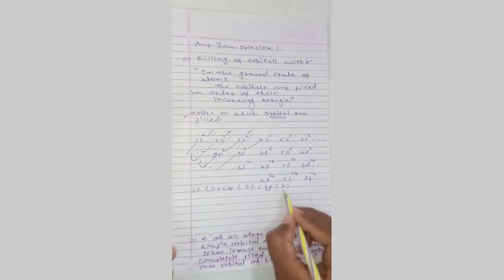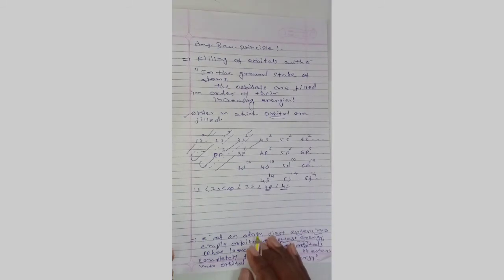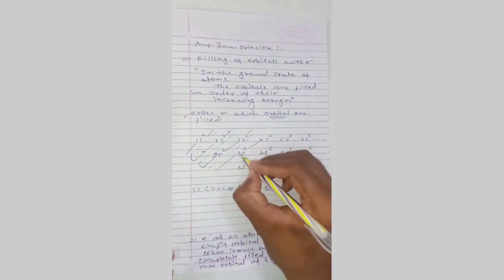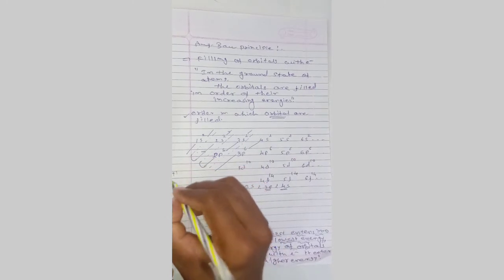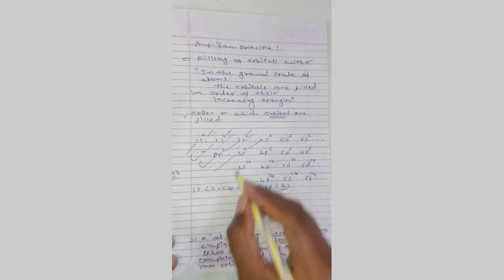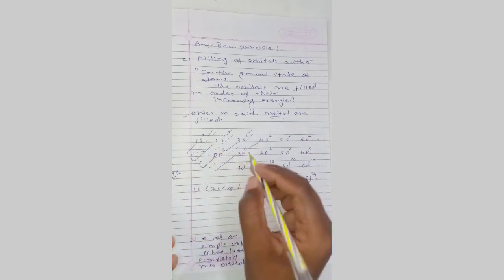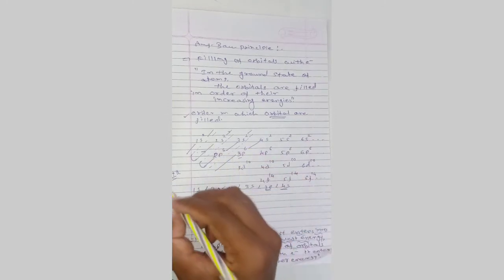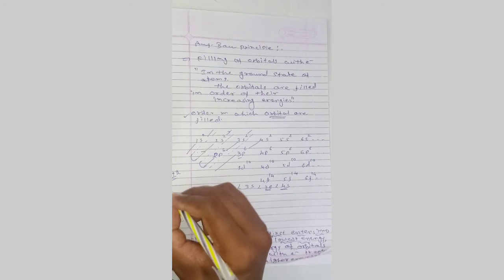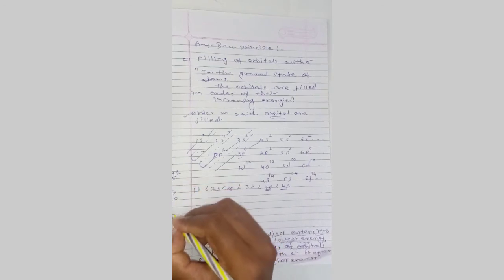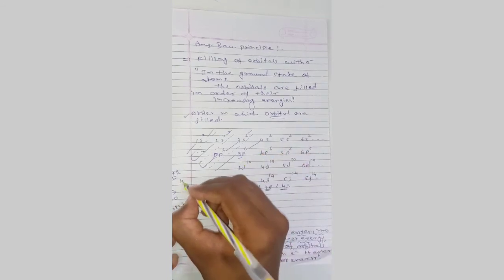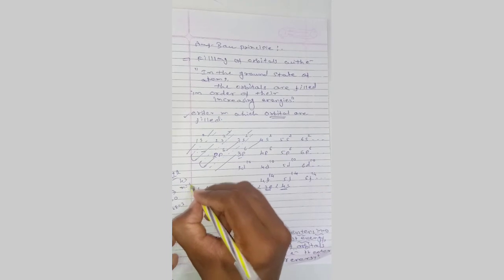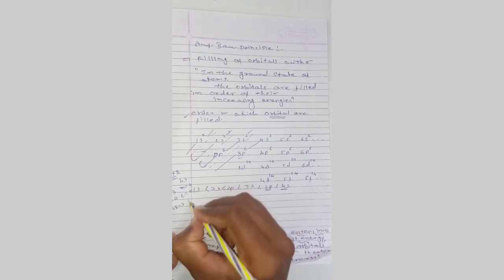Okay, so how is this possible? Basically, we have an idea about relative energy. For 3s, n equal to 3 and l equal to 0, that's why n plus l equal to 3. And here for 4s, n equal to 4 and l equal to 0.